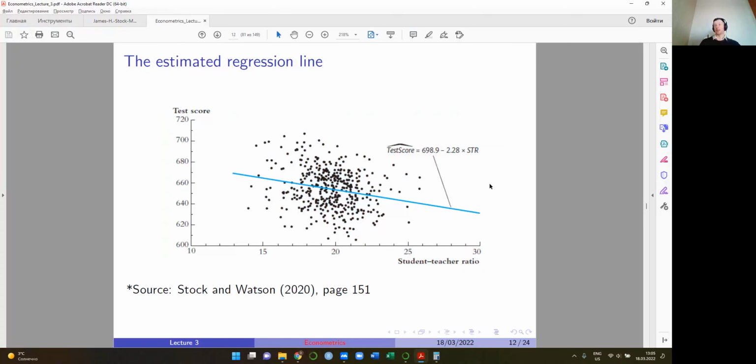Minus 2.28 is the slope. This is how steep the line goes through the scatter plot. If you had a larger number, the line would be closer to vertical, right? If the number is small, it's going to be more horizontal.